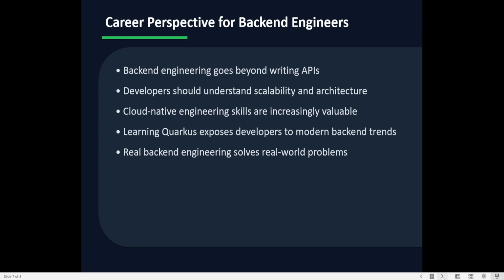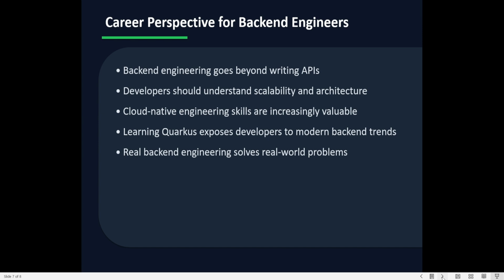Now, what is the career perspective for backend engineers? Well, strong backend engineers should be able to adapt to emerging technologies. And learning frameworks like Quarkus helps developers better understand the direction modern backend engineering is moving toward.